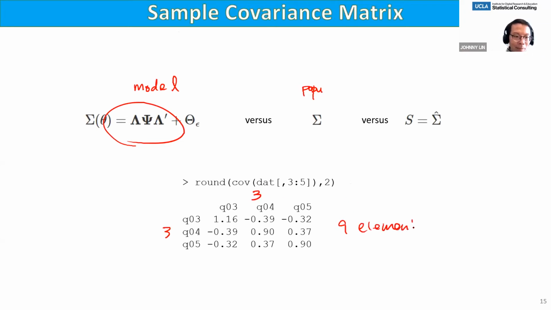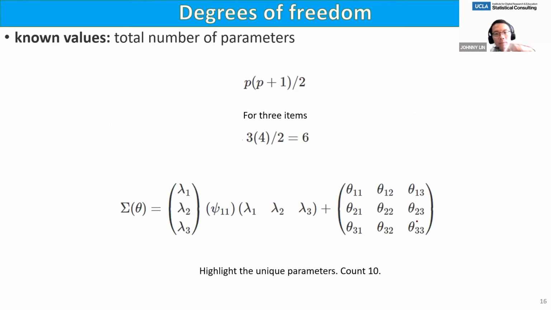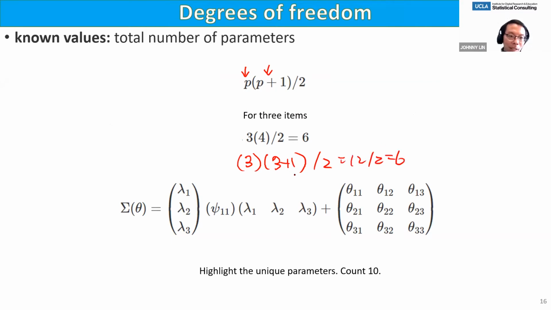It's the same 9 elements in the sample covariance matrix. How many elements do we have then? Instead of counting one by one, there's a little trick I can use. I multiply the number of items times the number of items plus 1, divided by 2. So for a 3 item CFA, I have 3 items times 3 plus 1, which is 4, divided by 2, which is 12 divided by 2, which is 6.